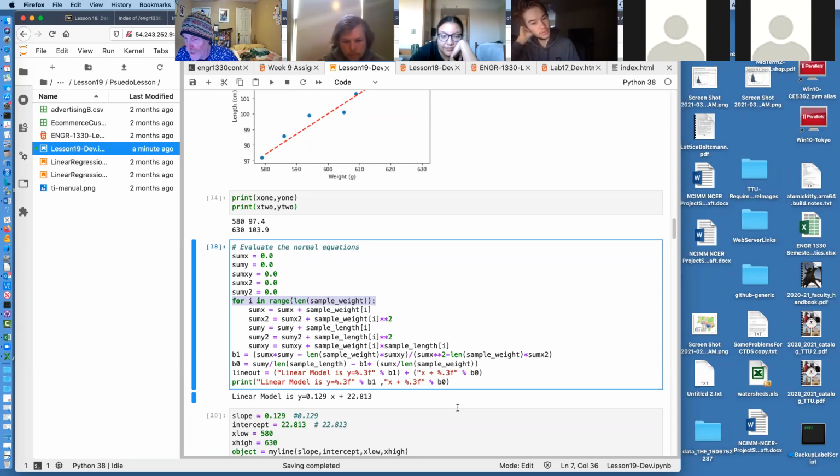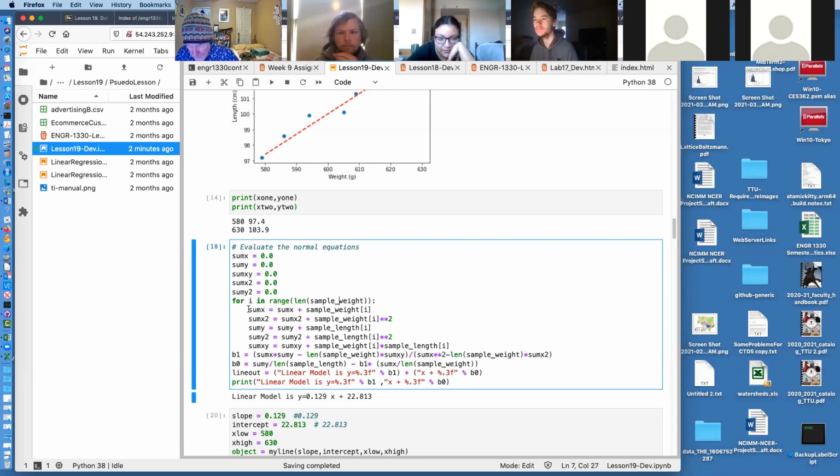What's our sentinel value? The length of the sample weight. It doesn't have a sentinel value. It's called count controlled repetition. We do have a count. So the length of the sample weight determines how many times we will pass through this loop. If the length is 0, we'll get 0 passes. If the length is 10, we'll recover values 0 through 9 and so forth.